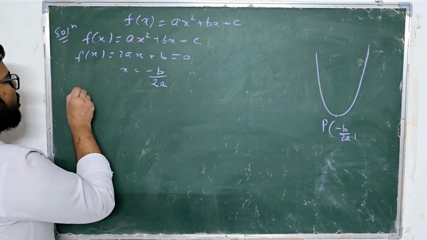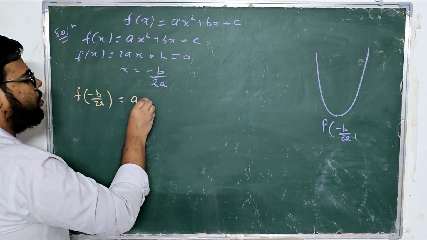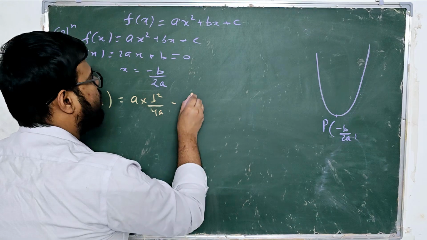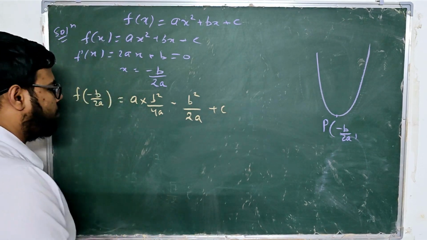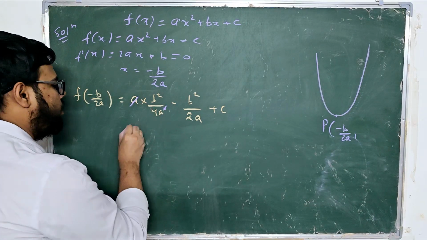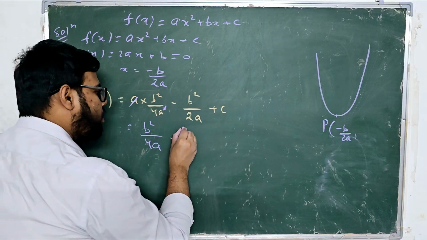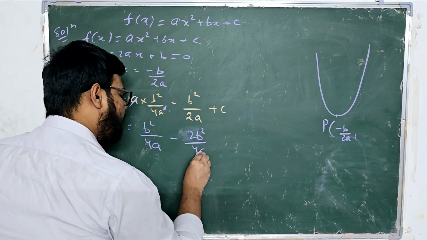So the function at negative b by 2a will be equal to a times b square by 4a square minus b square by 2a plus c. Correct? a square, so a and this will get cancelled. So you will have b square by 4a minus 2b square by 4a plus c.